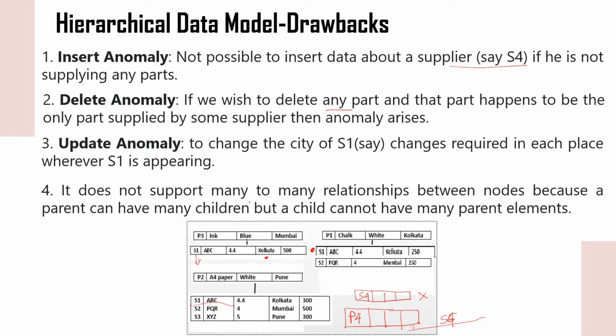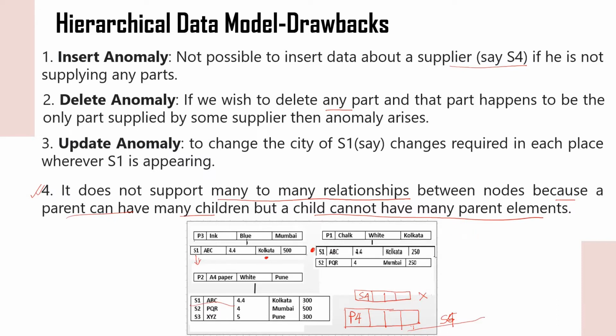And the biggest disadvantage of the hierarchical model is that it does not support many-to-many relationships between nodes, because a parent can have many children. This is the rule of the hierarchical model, but a child cannot have many parent elements. So this is the drawback of the hierarchical data model.